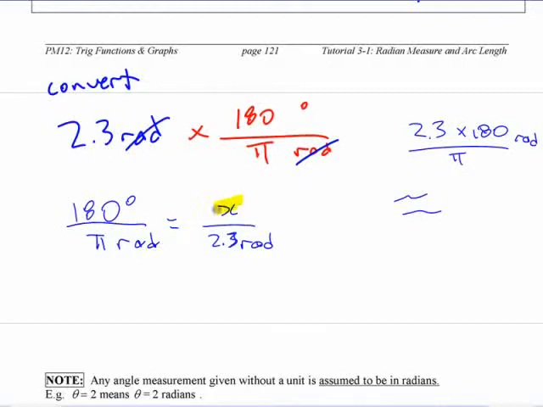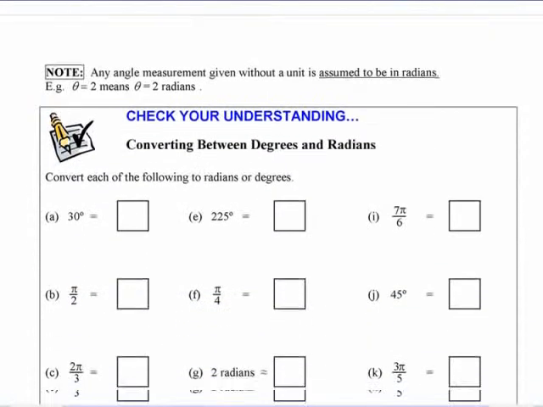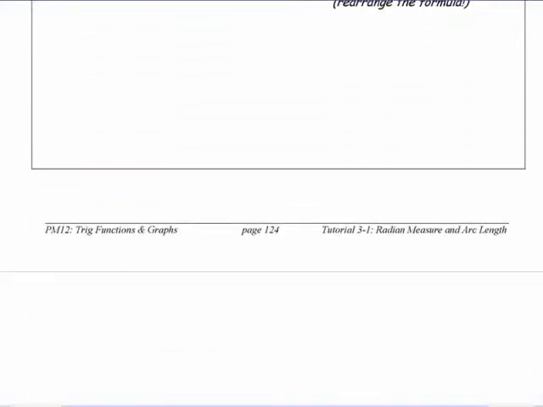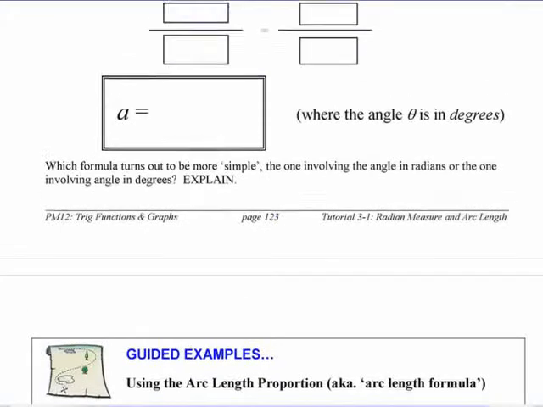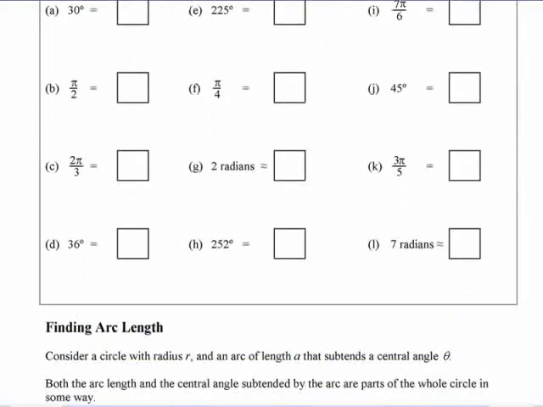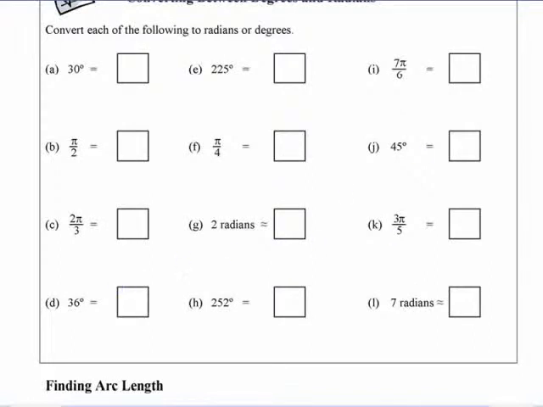You know how to solve proportions, whatever way you want to do it. You find a way that works for yourself. The answers for this should be, where did I put the answers for this? Did I give you the answers for this? Perhaps I didn't. I will.